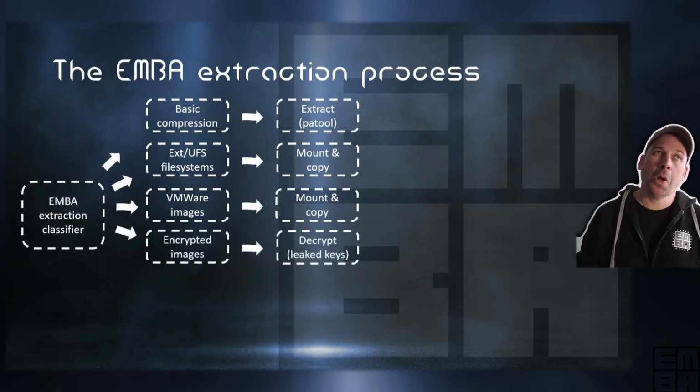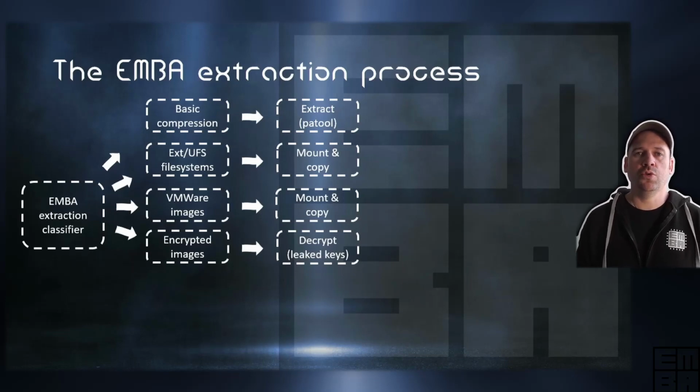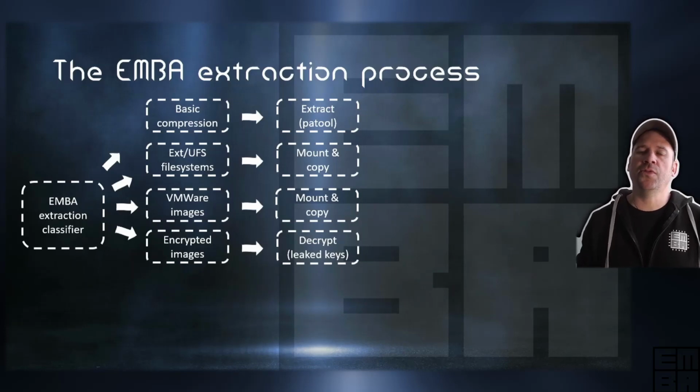Then there are a lot of vendors, or multiple vendors, that are trying to hide the firmware from us. So they're using some kind of encryption mechanisms. But sometimes the keys are just lost or leaked. Sometimes the whole encryption mechanism is broken, and so we try to implement these things that we found on the internet within EMBA so that we are able to extract it.